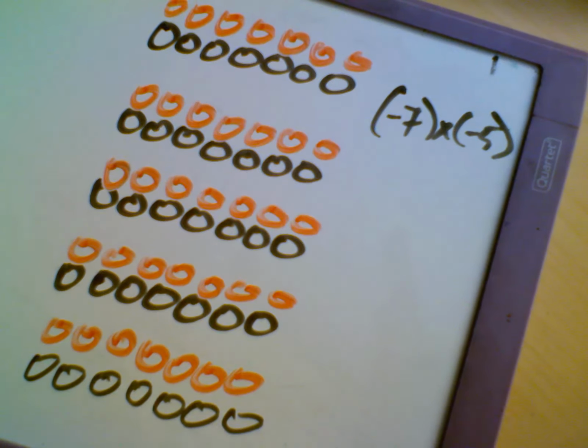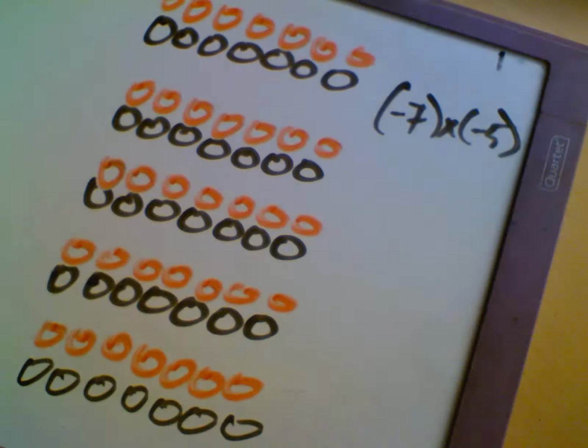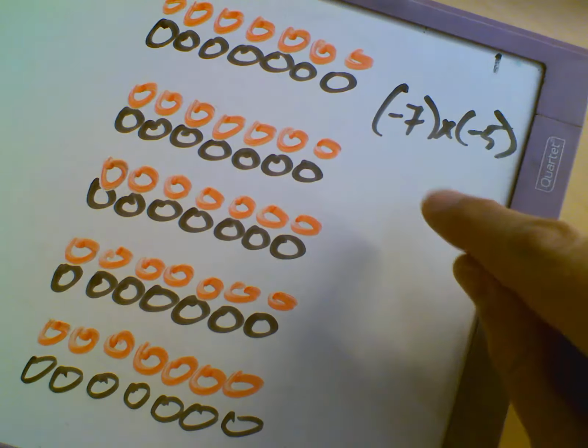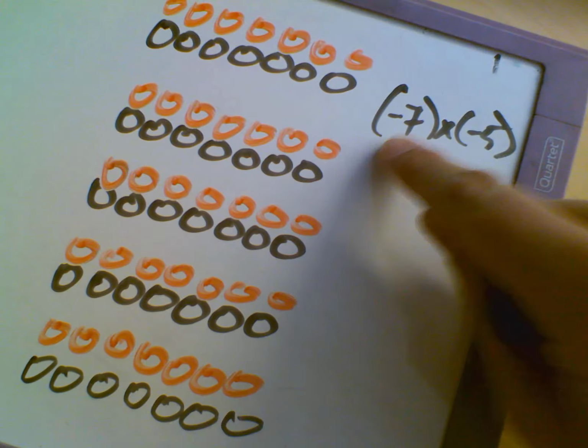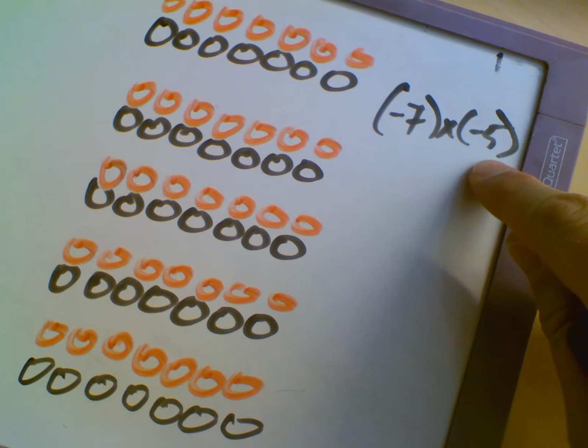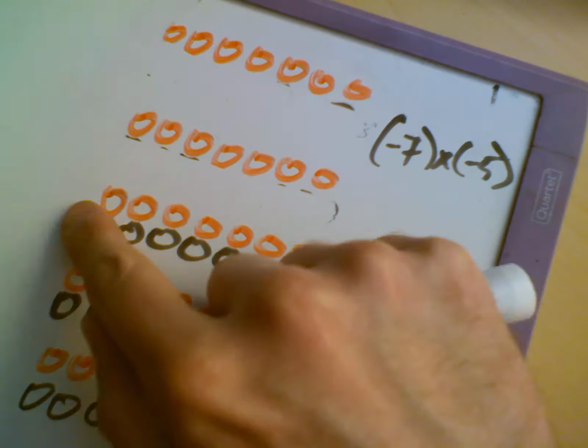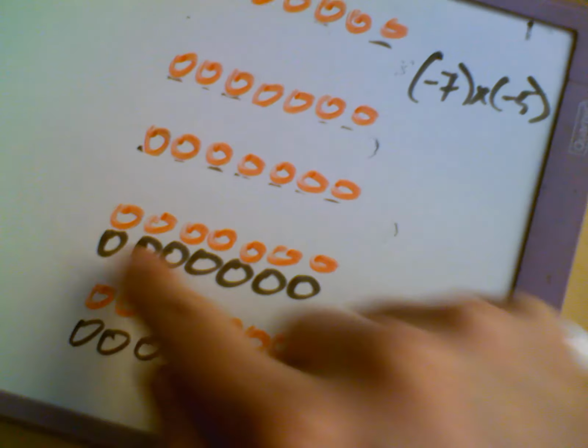We know we're going to get to a positive. So we're actually getting the opposite of the negative, because we're timesing it by the opposite of that negative. So what we're actually doing is taking away the -7. We're minusing the -7 5 times.